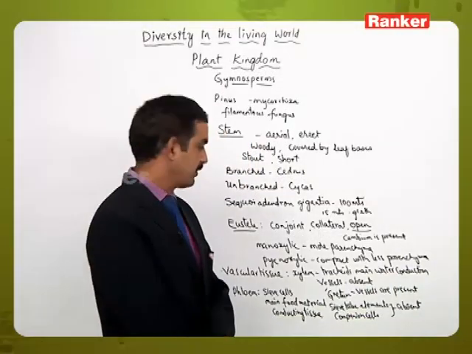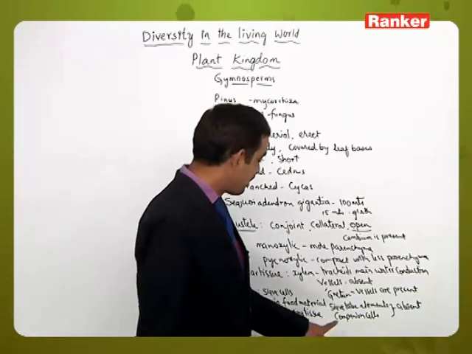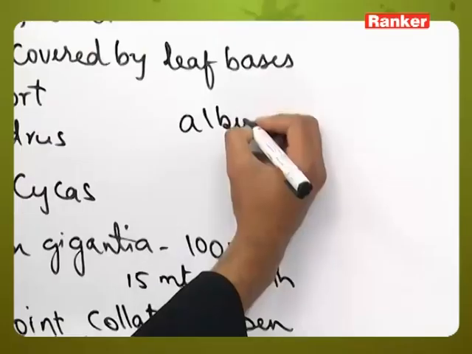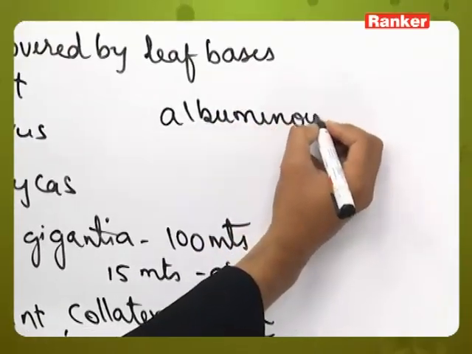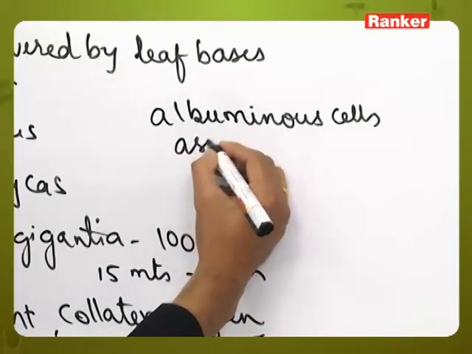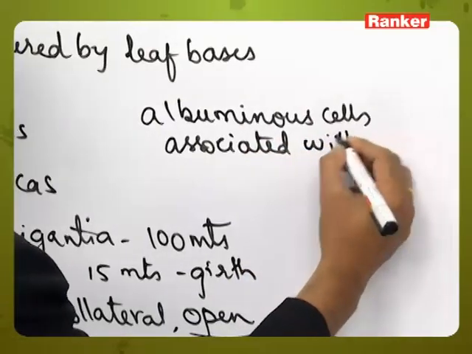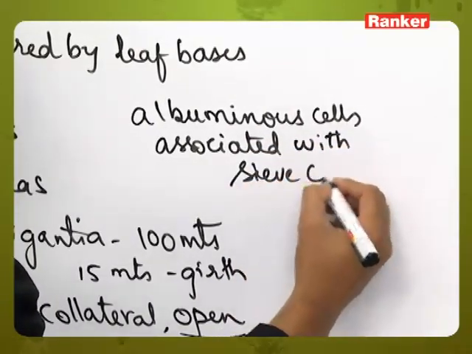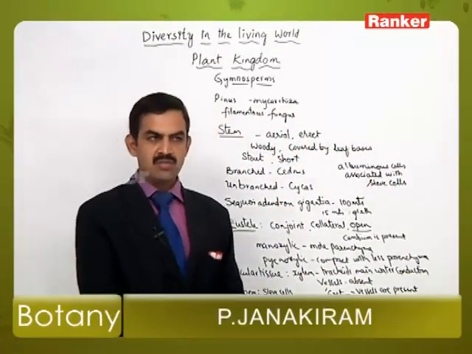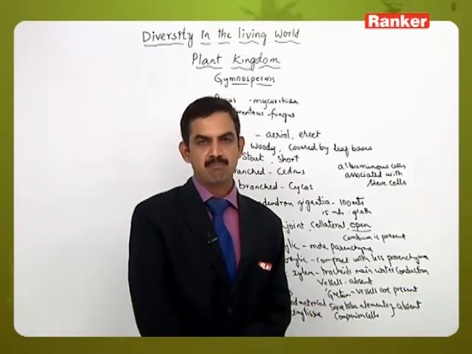At the same time, in some members of Gymnosperms, in place of companion cells, they have albuminous cells, and these albuminous cells are always associated with sieve cells. So likewise the tissue differentiation can be seen in the members of Gymnosperms in the stem part.